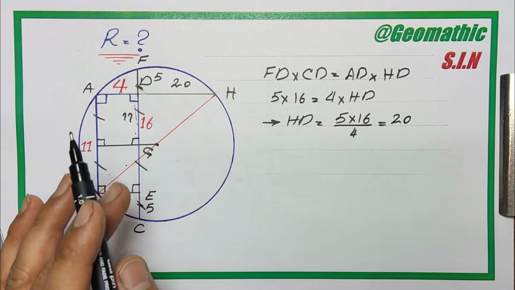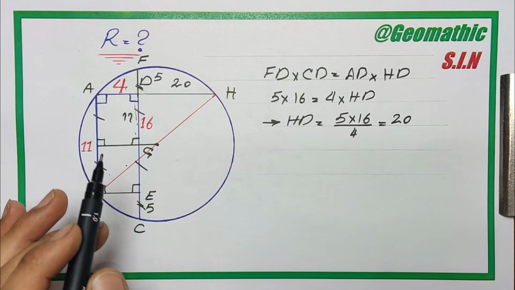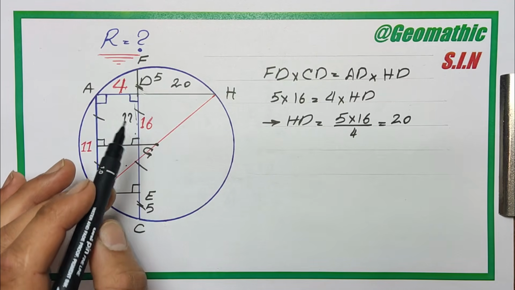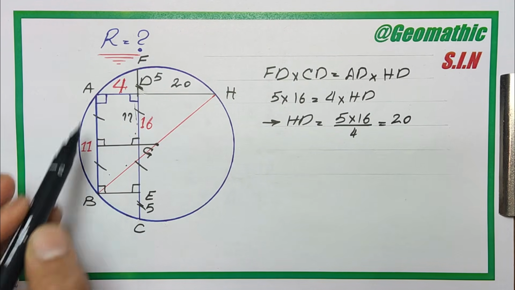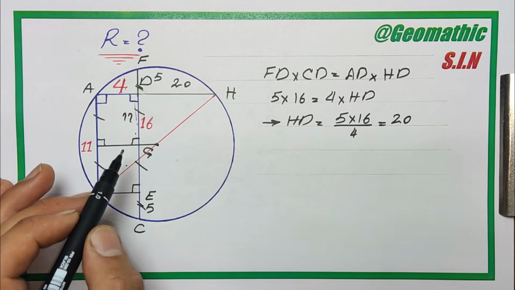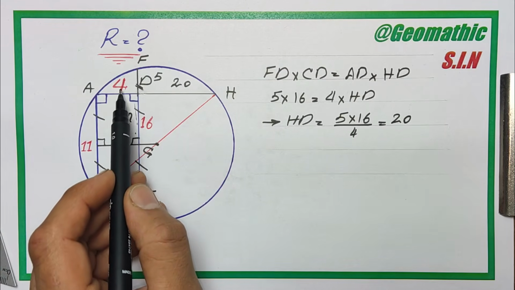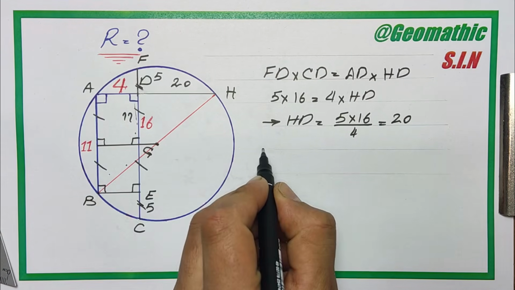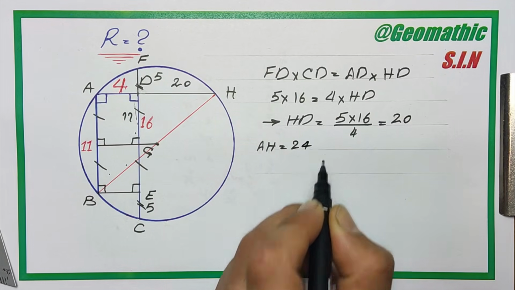And finally, it's time to use our last theorem, probably the most famous one, the Pythagorean theorem. Now we have a right triangle with two known sides, AH and AB, and we need to find its hypotenuse, which is also the circle's diameter. So we have AH equals 4 plus 20, AH equals 24.